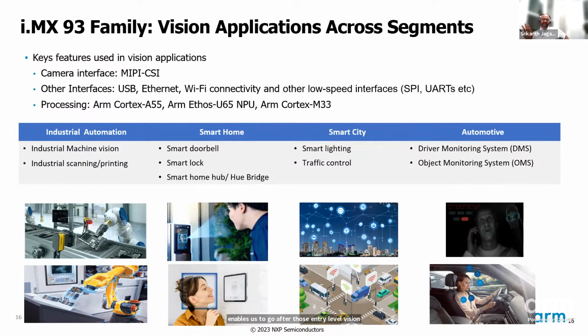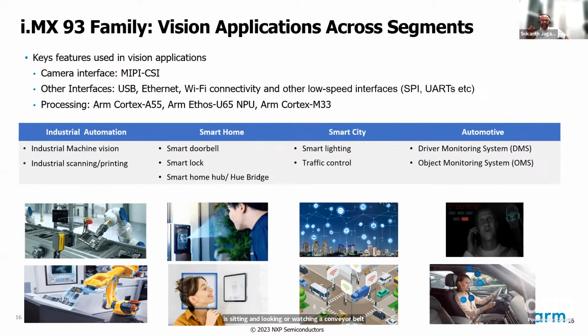Some example applications are given here, and again, this is across multiple segments, not just a single segment. On the industrial automation front, there is industrial machine vision, for example, where a camera is sitting and watching a conveyor belt where the finished products are moving along.